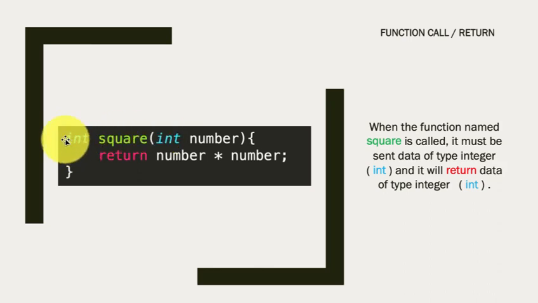Now I can see that the return type for this function is type integer. This means that this function is going to return data of type integer. In this example, the integer that's returned is number times number, which of course is the square of a number.